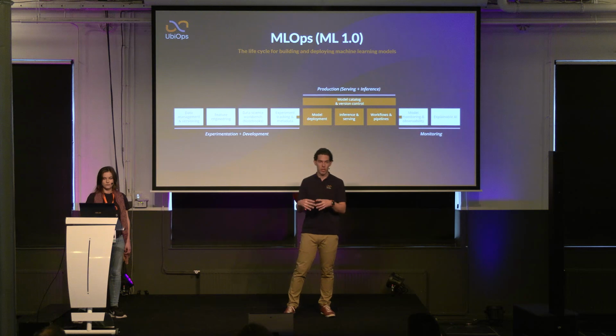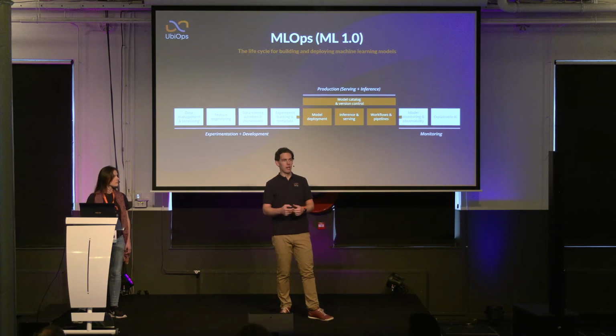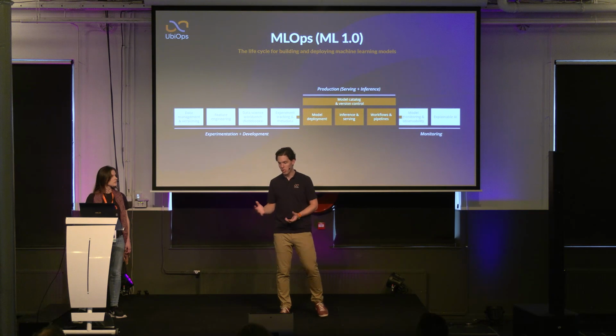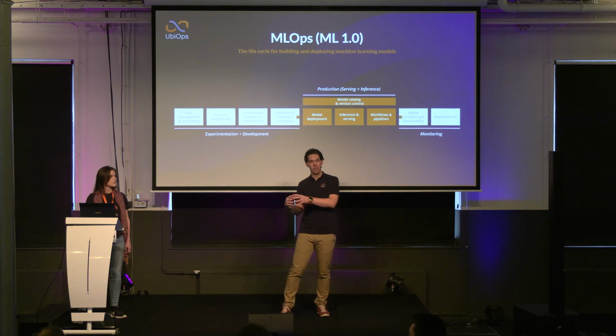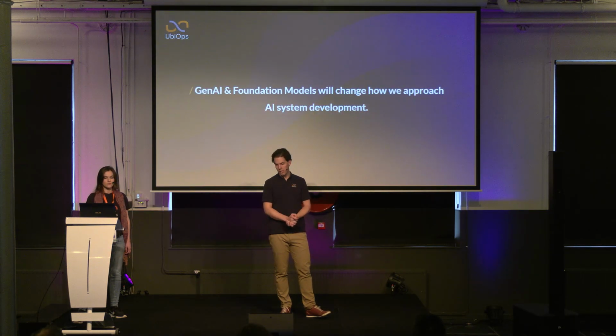Once we have that, we have a focused model for one specific business case, and now we need to deploy it. So there's deployment, inferencing and serving of the model, and also how you want to scale it. That whole life cycle is what we know as machine learning operations, and also includes monitoring and observability. If you know how the model is performing, you also know when to retrain it, and it becomes a nice life cycle that you can integrate with your existing software development processes and capabilities in-house. So that's the more traditional approach.